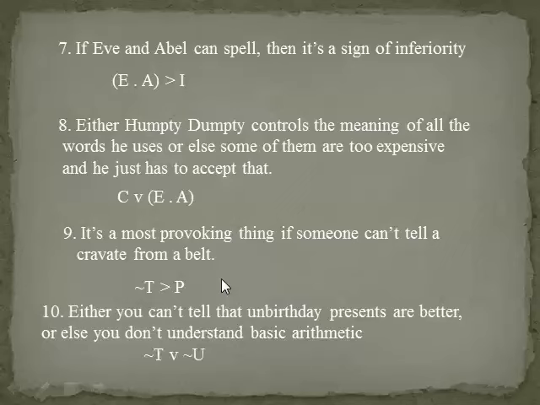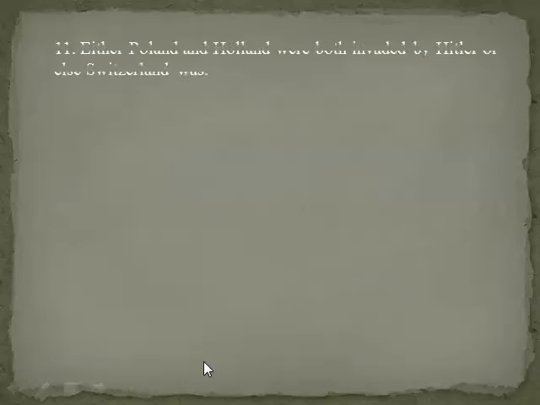And this has two negations. You can't tell that unbirthday presents are better. You don't understand basic arithmetic. The or else makes it pretty clear that that's going to be the main operator.